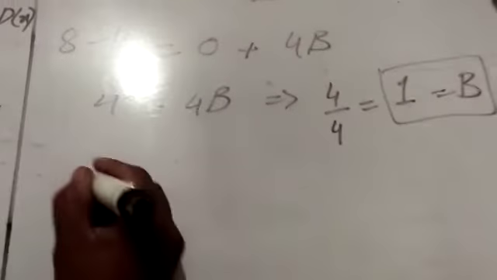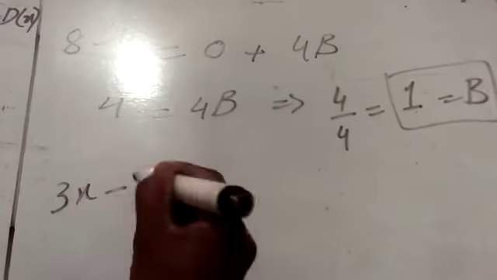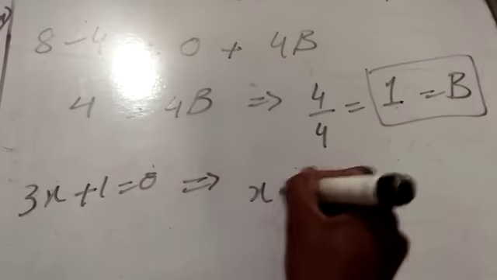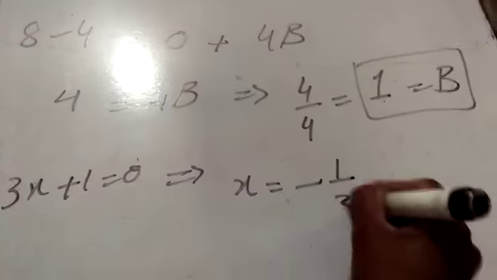Now we put 3x plus 1 equals 0 and get x equals minus 1 by 3.